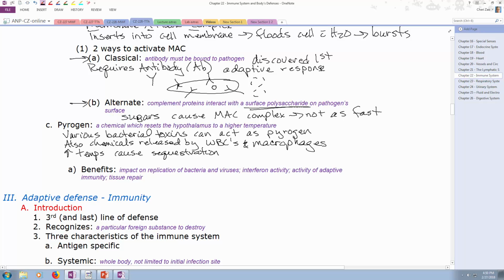Sequestration means we're going to grab it and bind it and not let it out, so there'll be less out in the system. Fe is for iron and Zn is for zinc. Bacteria need these two elements for their own replication or to divide.